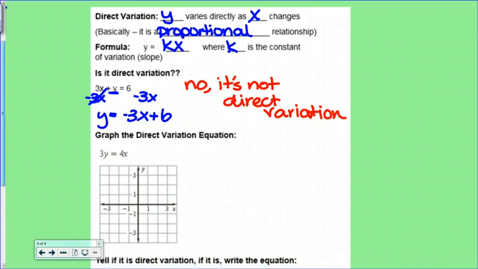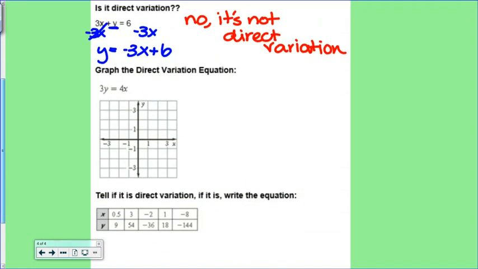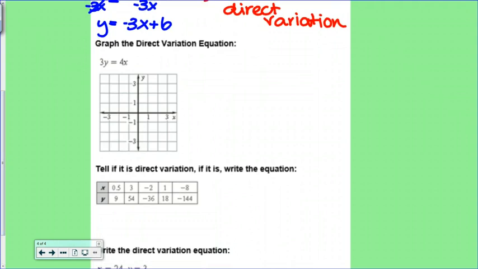Next, we're going to graph direct variation. So we have 3y equals 4x. Just like before, we are going to have to get the variable y by itself. So this time, we're not adding anything to y, but we are multiplying it by 3. So, in order to get y by itself, we're going to divide by 3.